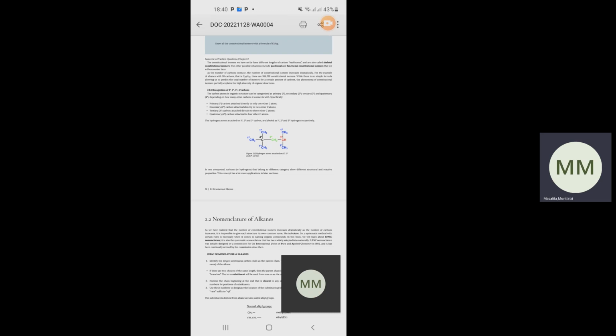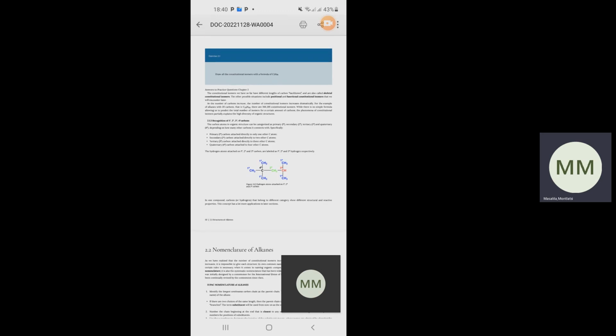Why are we saying that the carbon in the center is a second degree carbon? It's because it is attached to a single carbon.